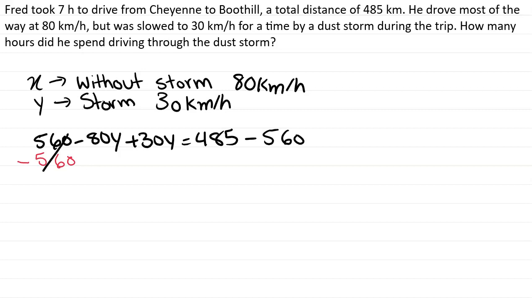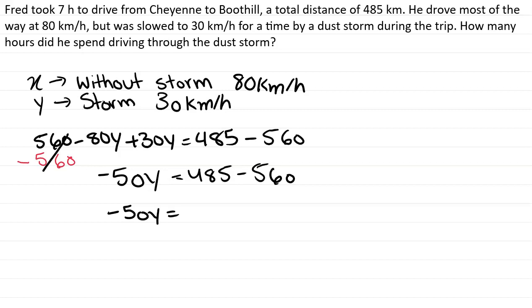Negative 80y plus 30y is negative 50y, which is equal to 485 minus 560. 485 minus 560 is equal to negative 75.